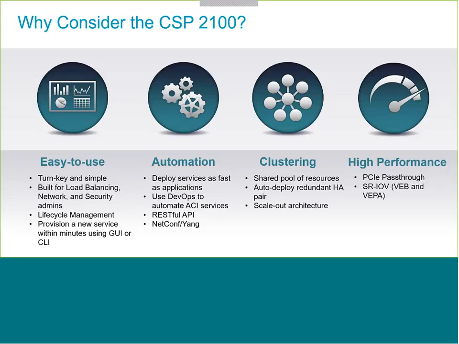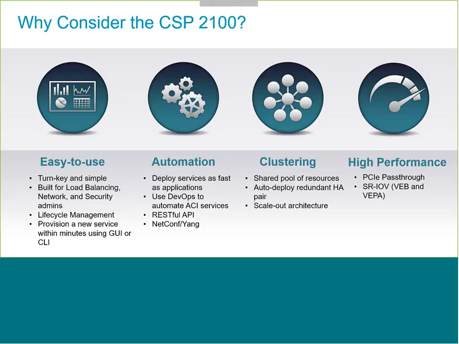And also with clustering for high availability. So today you can cluster via the GUI up to 10 nodes, and we're adding support for even more. And then lastly, performance.